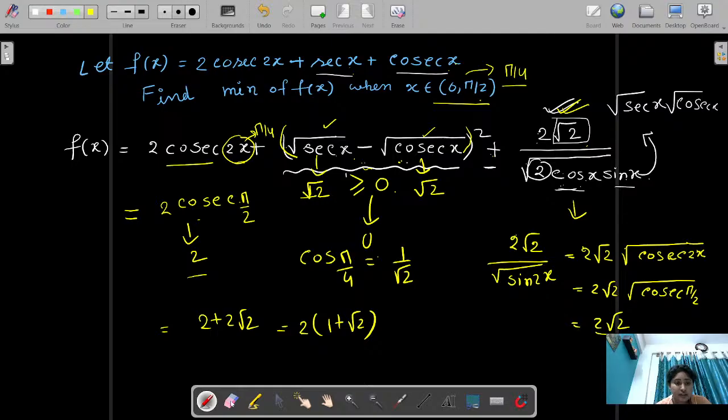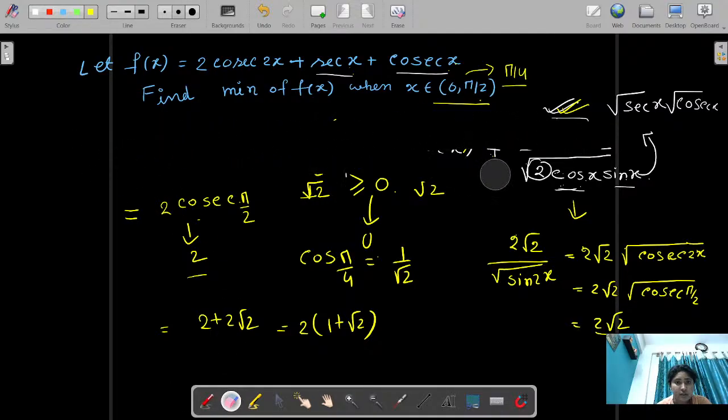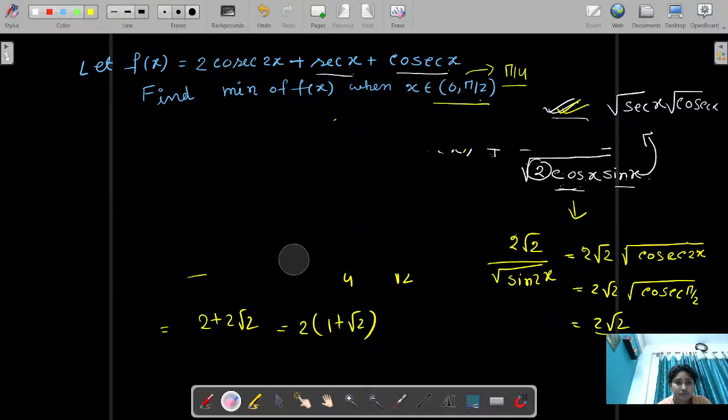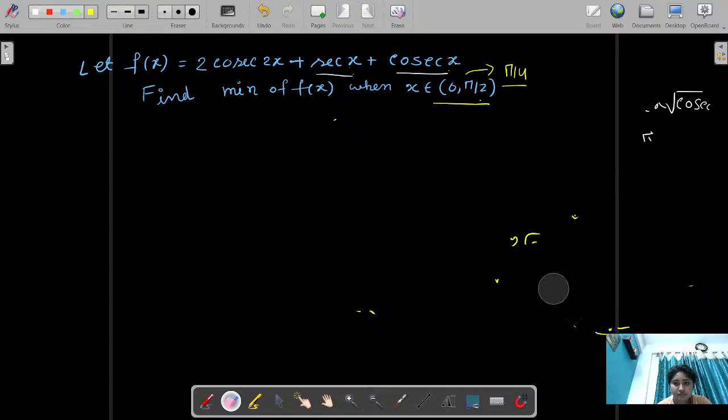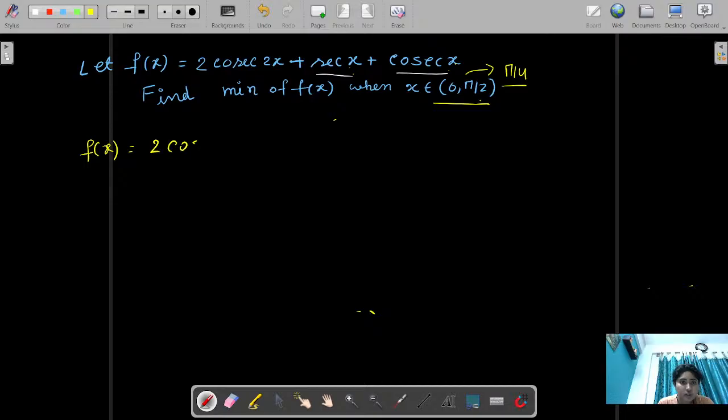If you want me to explain once again, let me tell you. See, here I have 2. First I am writing 2 cosec 2x plus my sec x and cosec x.